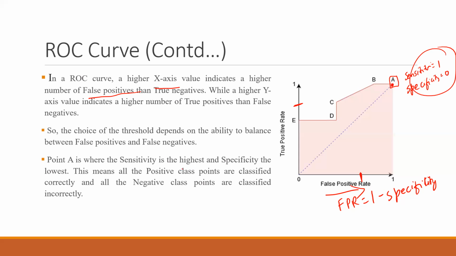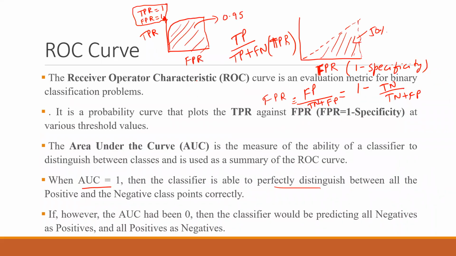So that's what is being told. At point A, sensitivity is highest and specificity is lowest. And previously, I was discussing that if TPR is equal to 1, FPR is 0. But this FPR being 0 means that your specificity is equal to 1. FPR equal to 0 means specificity equal to 1.